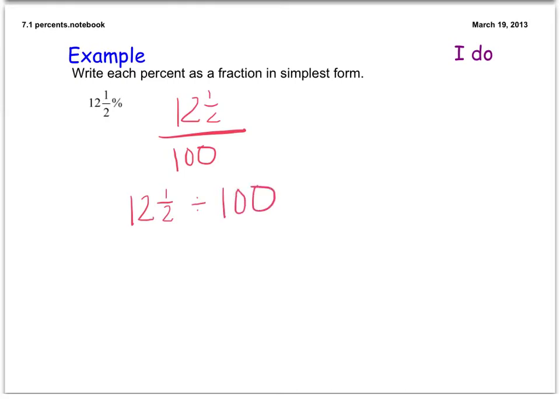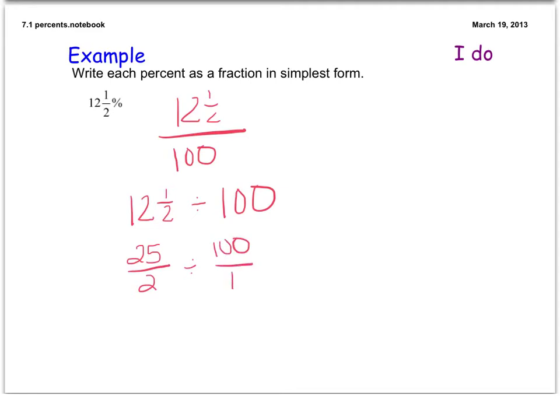And we remember back from, I guess, November or December when we had that chapter on fractions. How do I divide fractions? Well, first of all, I need to make this first number, 12.5, an improper fraction, so I'm going to make that 25 over 2 divided by 100 over 1.